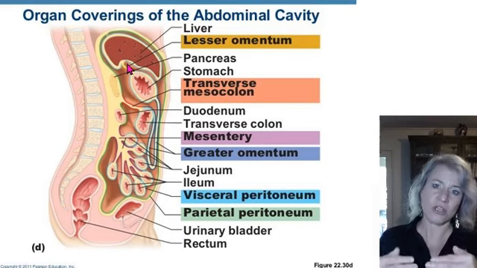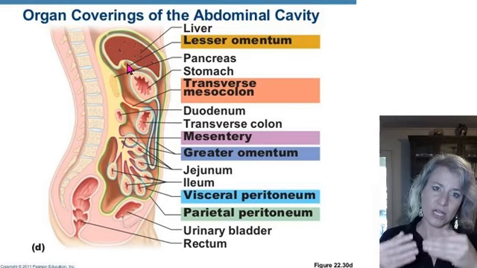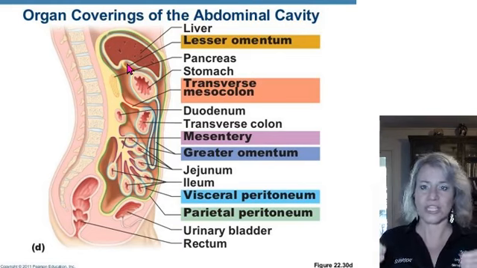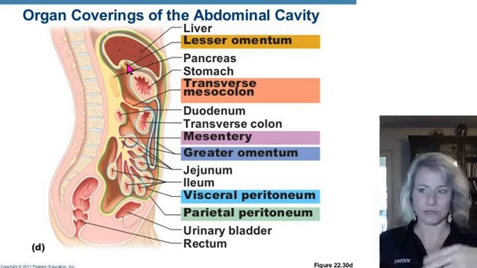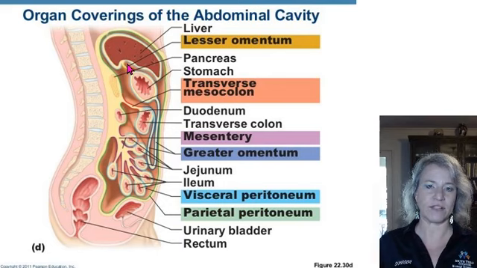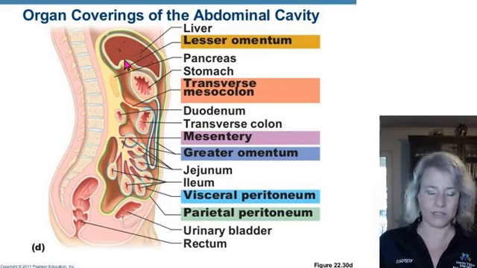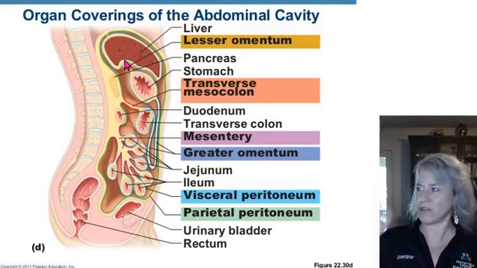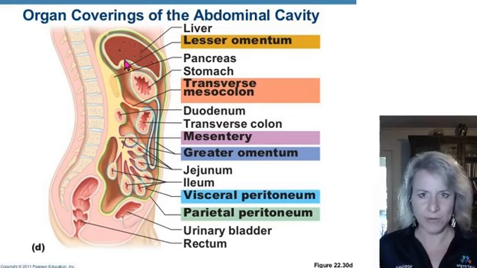So we need the mesentery and omentum to help keep the structures in their correct location, so they're not just moving all around every time you cough, every time you sneeze. You have a blowout. You have intestines going all over the place inside your abdominal cavity.